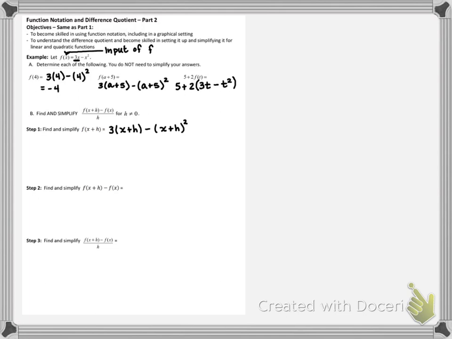If you find yourself getting tripped up and evaluating this incorrectly, one surefire way to evaluate functions is to write the function exactly as it is. So write f of x equals 3x minus x squared. And then put parentheses around your x's.